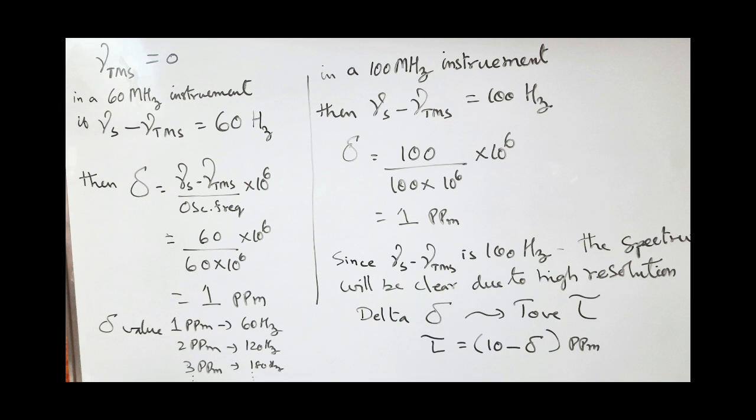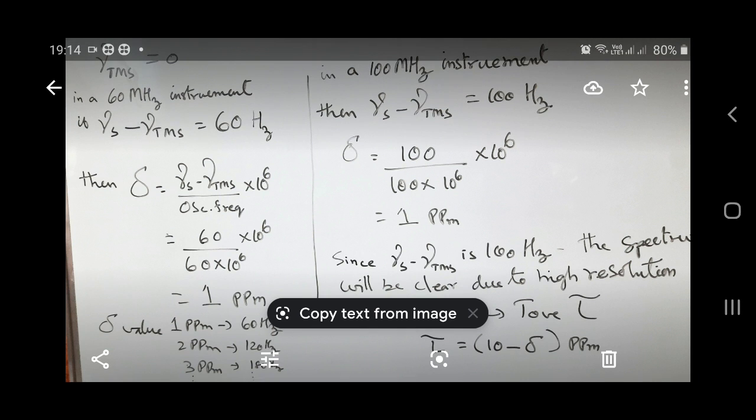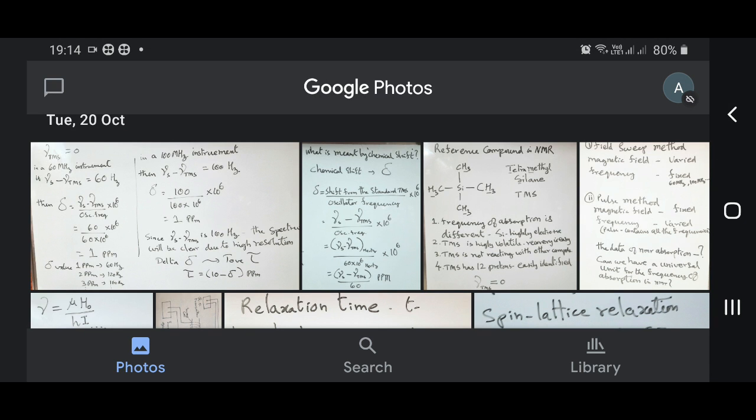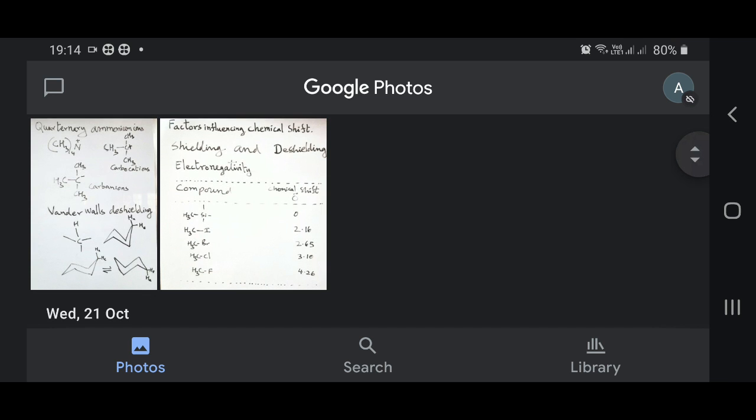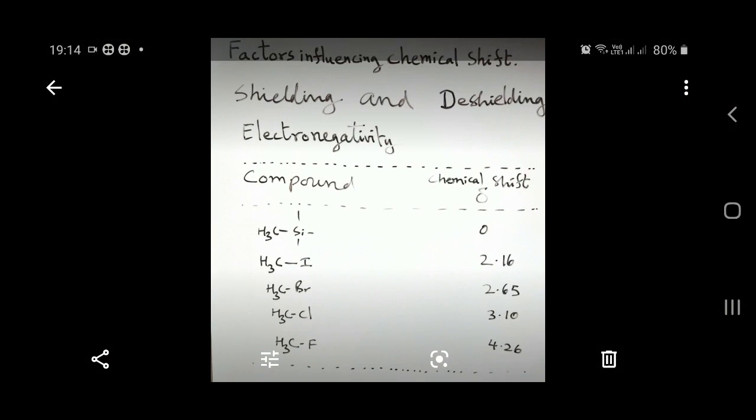But in a 60 MHz instrument, 1 parts per million is equal to 60 Hz, whereas in a 100 MHz instrument, 1 parts per million is equal to 100 Hz. That difference we realized with this example. So it is a universal unit. I have proved that chemical shift value is a universal unit.